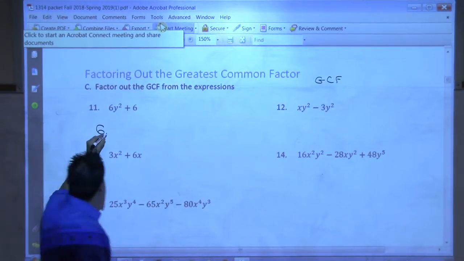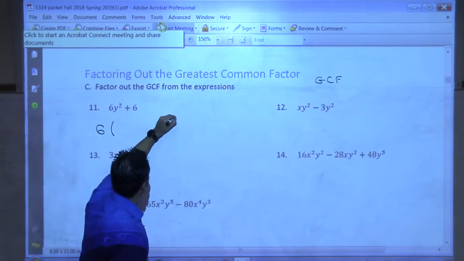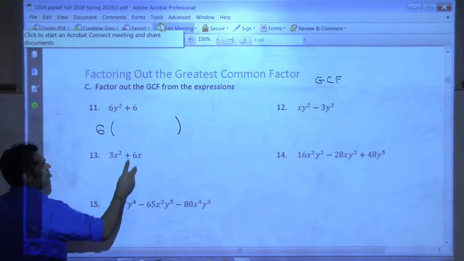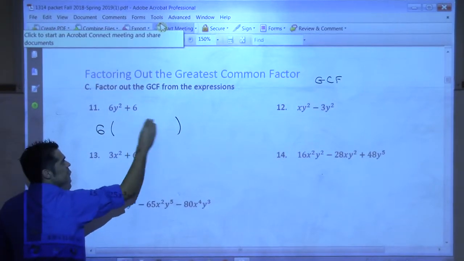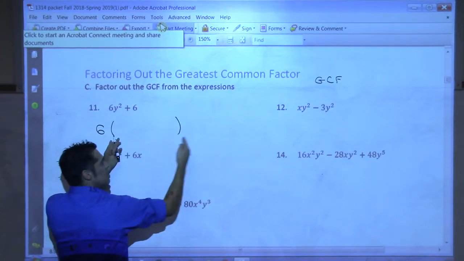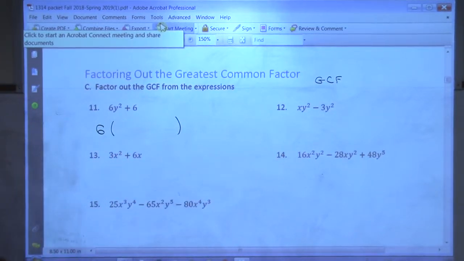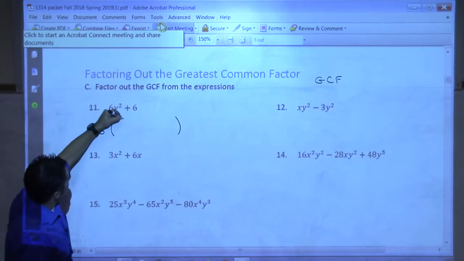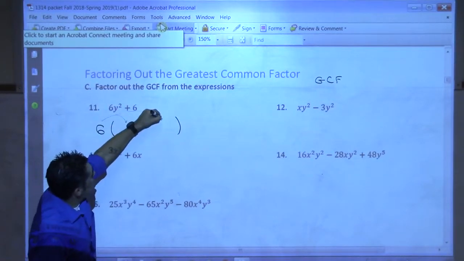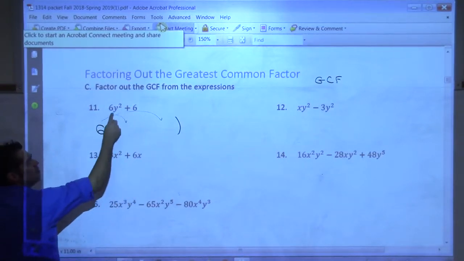Now after that, we put a set of parentheses, and we want to make the parentheses big enough to fit 2 terms, because we started with 2. If this were 3 terms, I'd want to give myself enough room for 3 terms. Now we imagine that if we were to distribute this 6 through, the 2 pieces in here would have to give us back these 2 pieces.